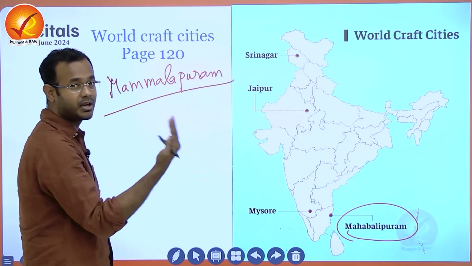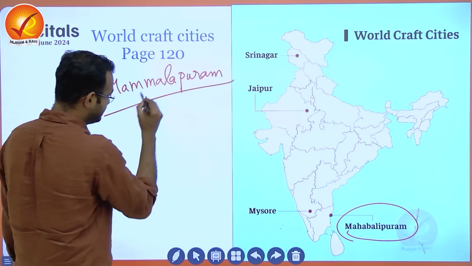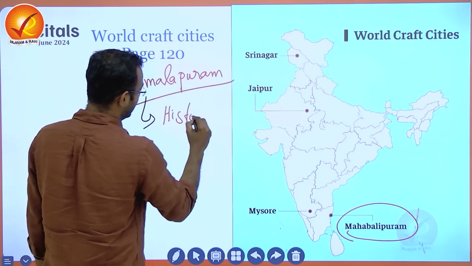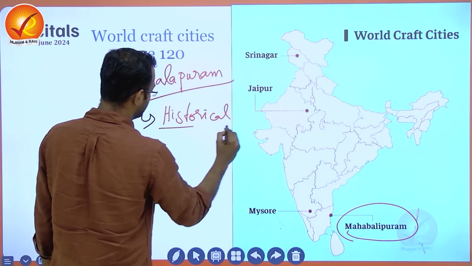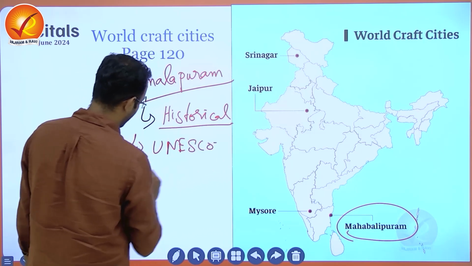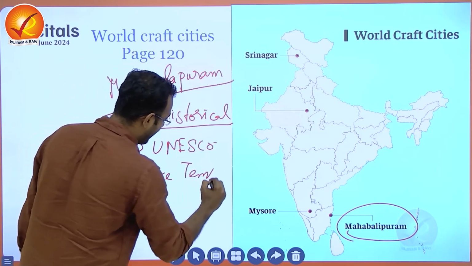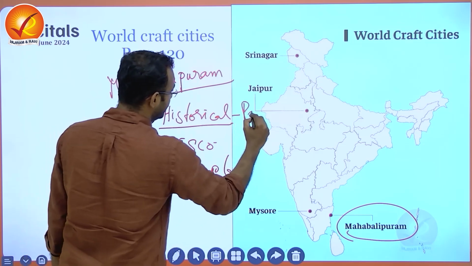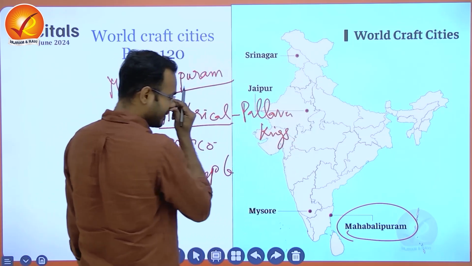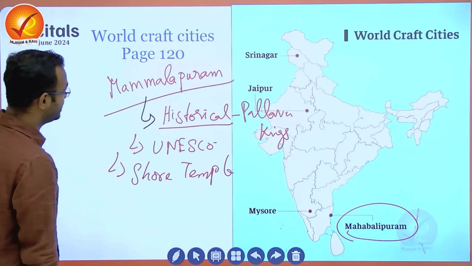Mamallapuram is Tamil Nadu, Malappuram is Kerala, right? Mamallapuram is known again for its historical association, a UNESCO heritage site, as Shore Temple, built during the times of Pallava kings. Single monolithic rock structures are present.